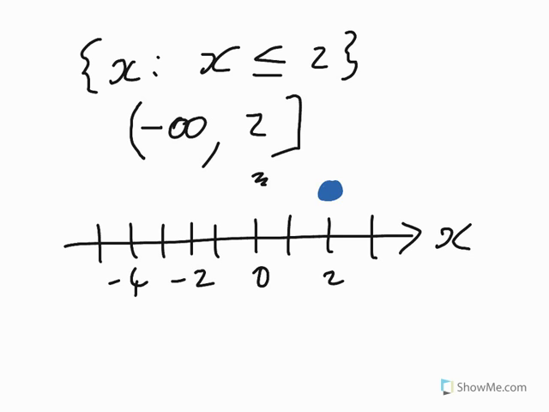So we colour in that circle, and anything less than, so it heads off down that way. Alright, so that is the exercise essentially. So set notation and interval notation.